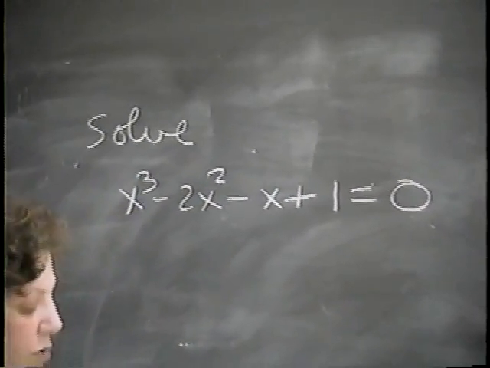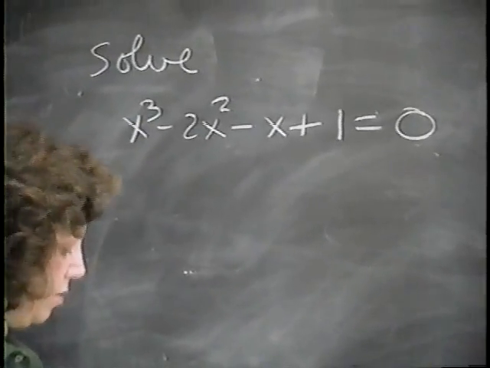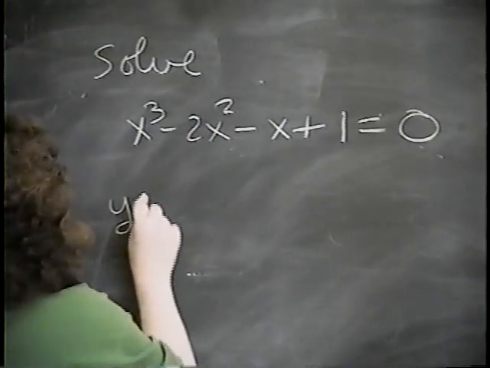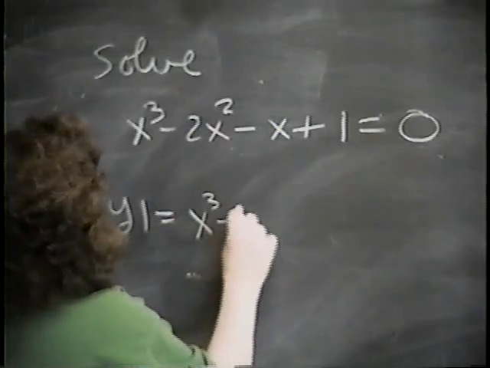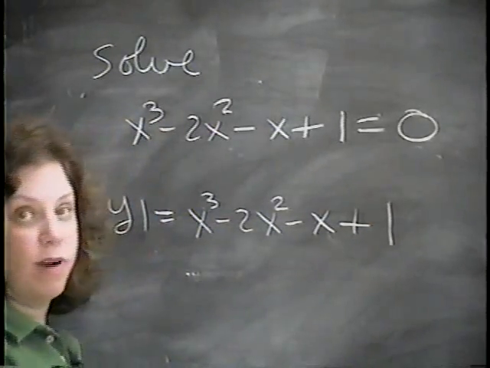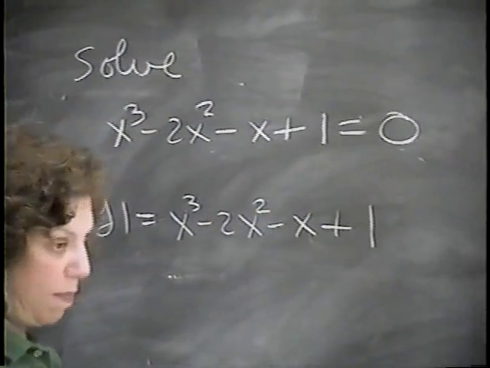What I'm going to do is to enter for y1 x cubed minus 2x squared minus x plus 1, and I'm going to graph it. That's how I get started.